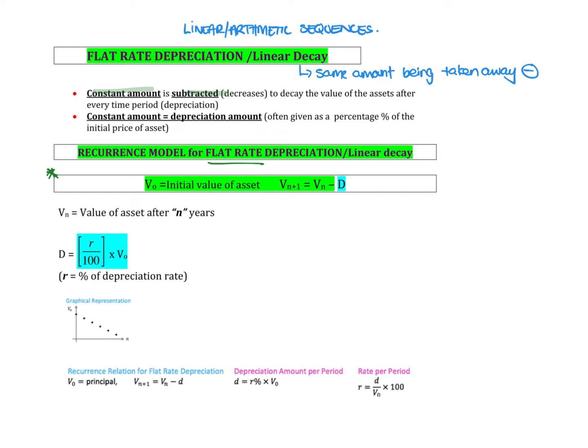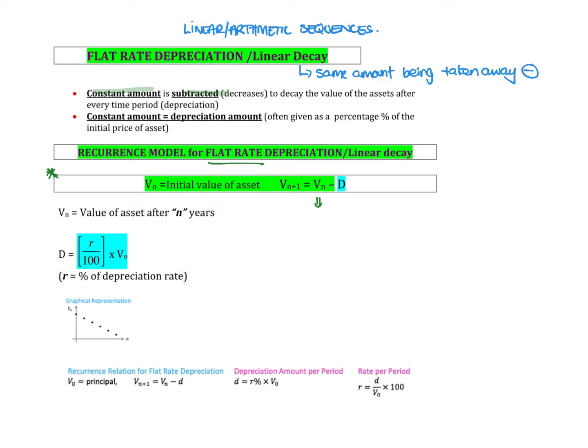When we write a recurrence relation for it, we'll still have what it initially was. Say you originally buy a car for $20,000, so that's what you'll say. And then you'll have this formula here that shows you the value of the car after so many terms.